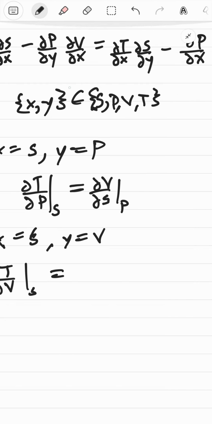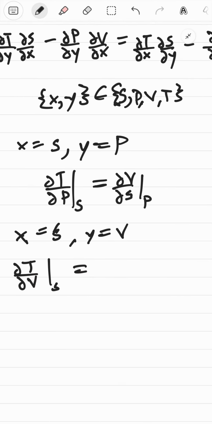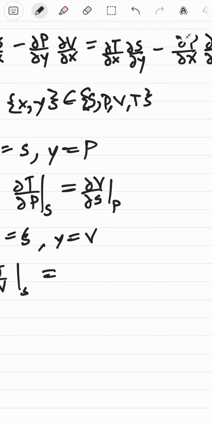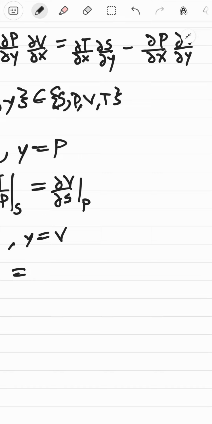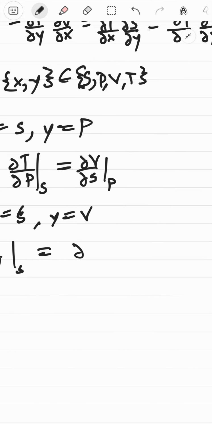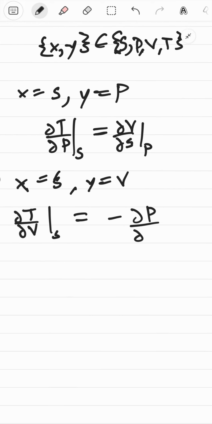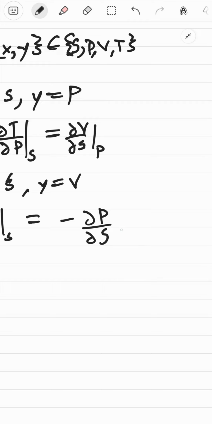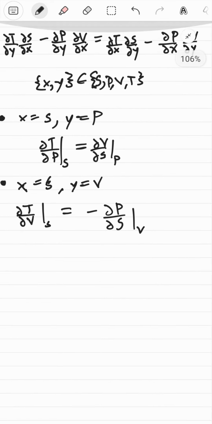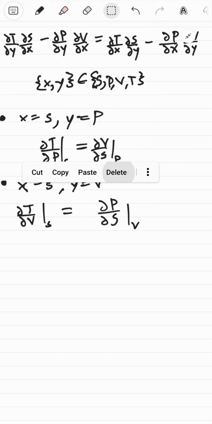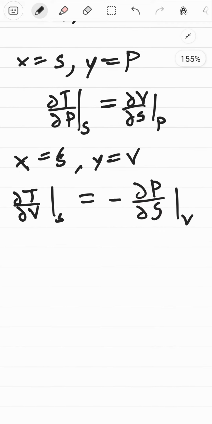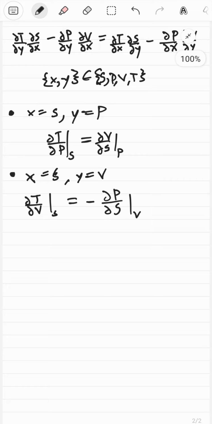That's equal to, because this is now 0, similarly, whenever you have partial s by partial v, that's 0, so now you just have this term remaining. Now that's 1, and you got minus partial p. That's a negative, just beware of that. Minus partial p upon partial, so instead of x you have s now, and this is at constant y, which is constant v basically. Alright, so that's another equation.